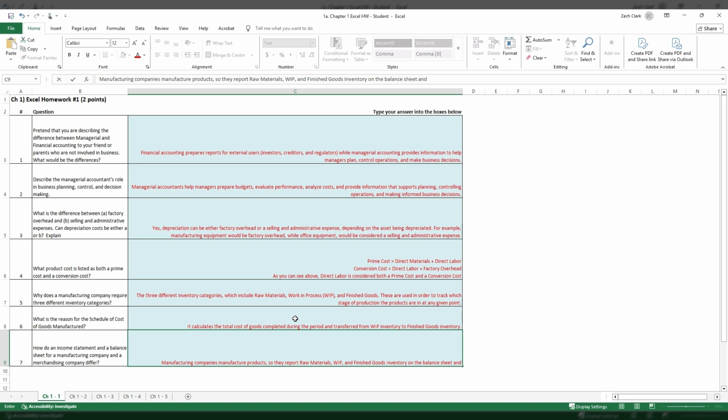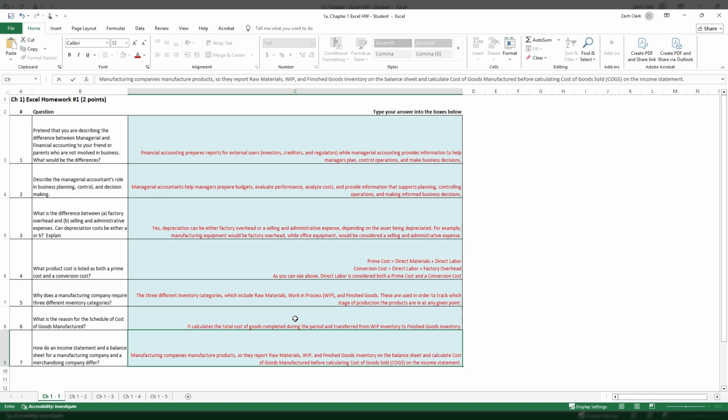And they calculate cost of goods manufactured before calculating cost of goods sold, COGS, if you remember, on the income statement.